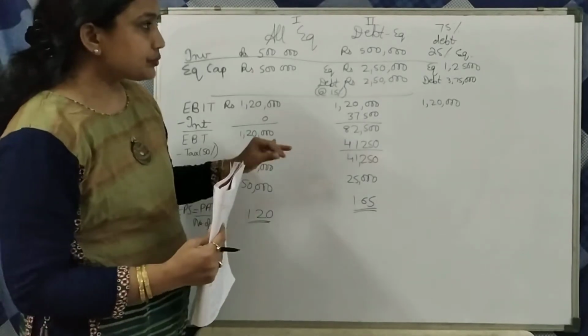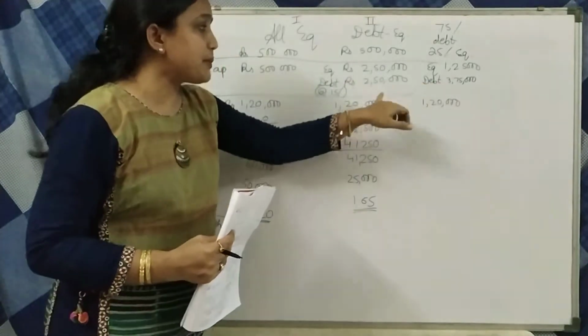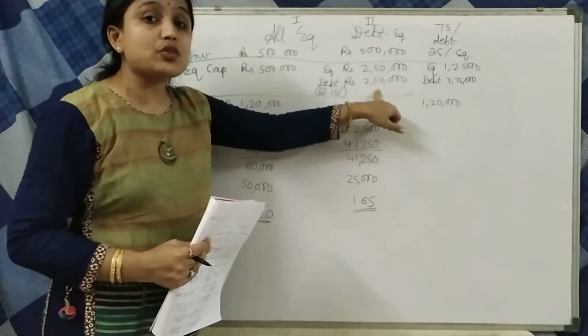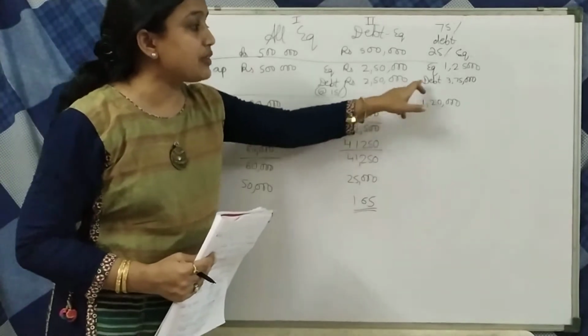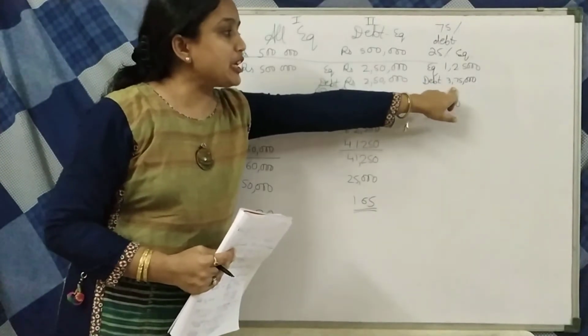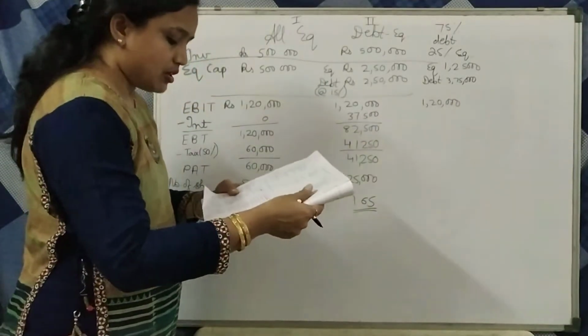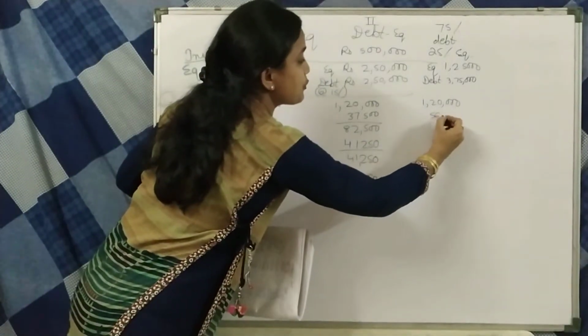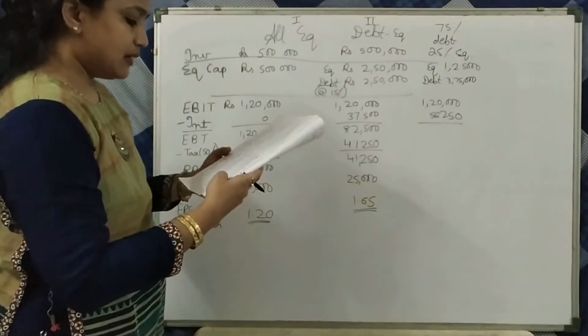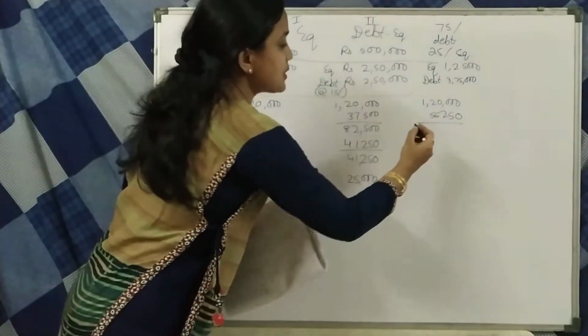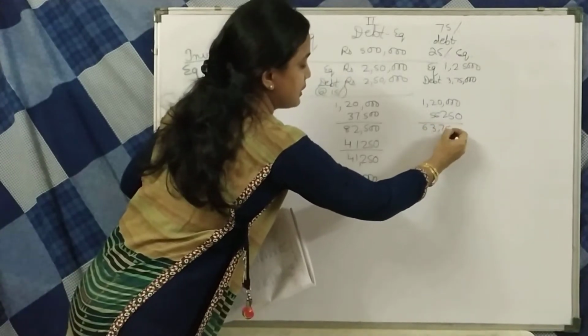Now here, your interest will rise. Why? Because when the debt was 2,50,000, the interest was 37,500. Now we have increased the debt, so 15% of this will come around 56,250. So what is left is EBT, 63,750.